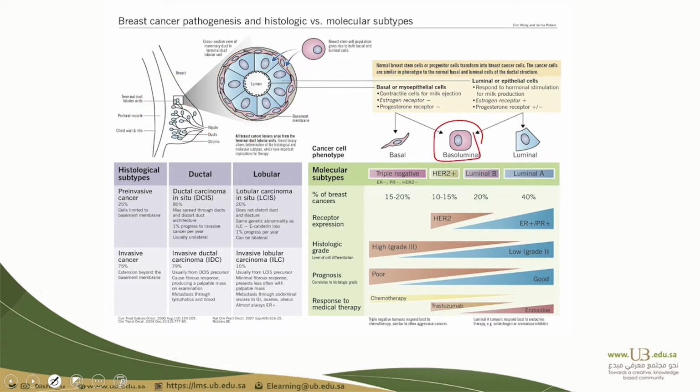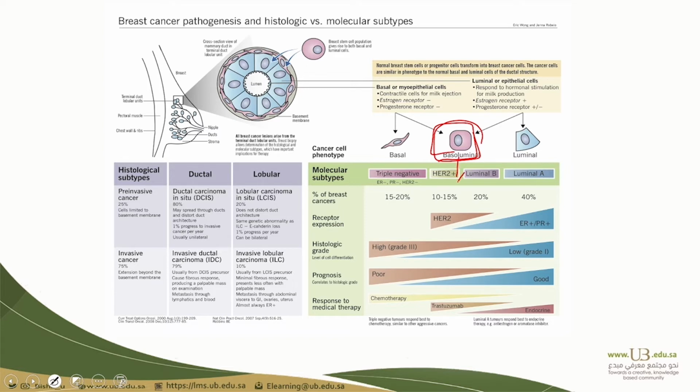The second type, which is basoluminal, comes from the progenitor cell, or it can come from cells which are not maturely luminal or basal. So the basoluminal will have some features of the basal and some features of the luminal, so we call it basoluminal.